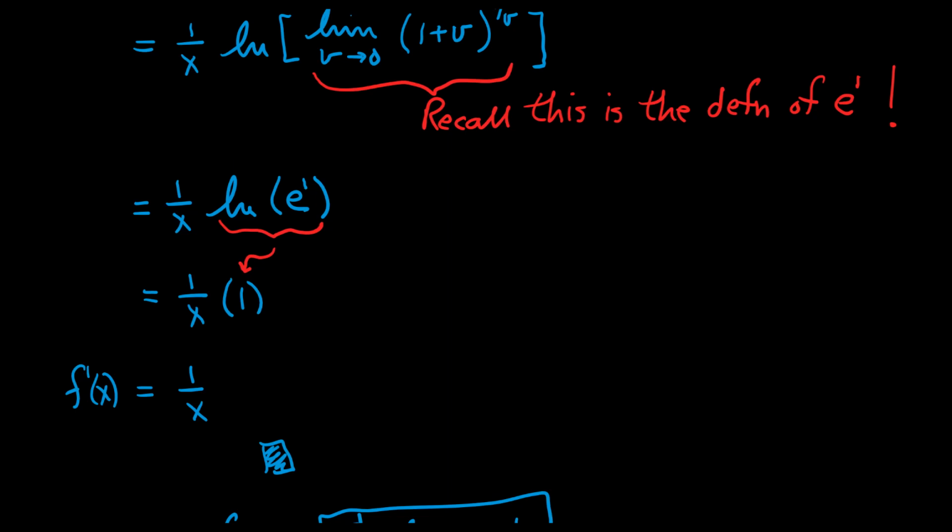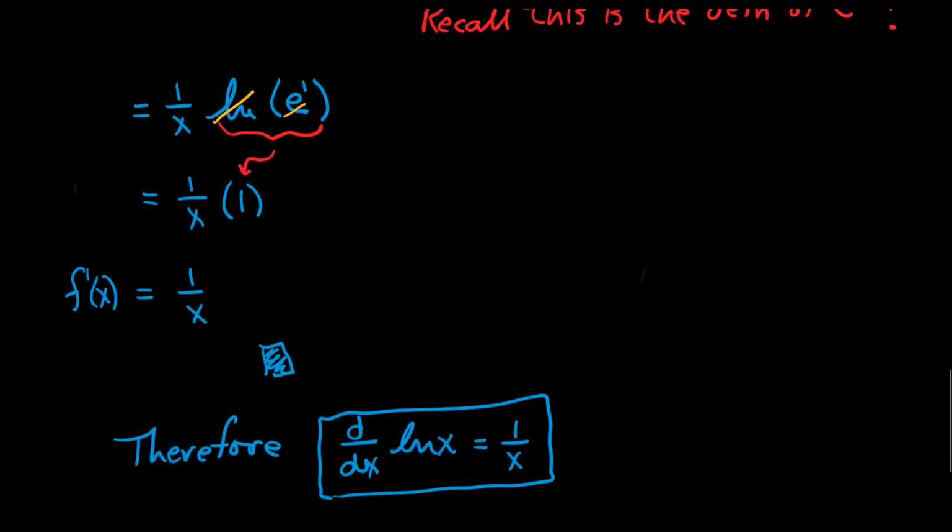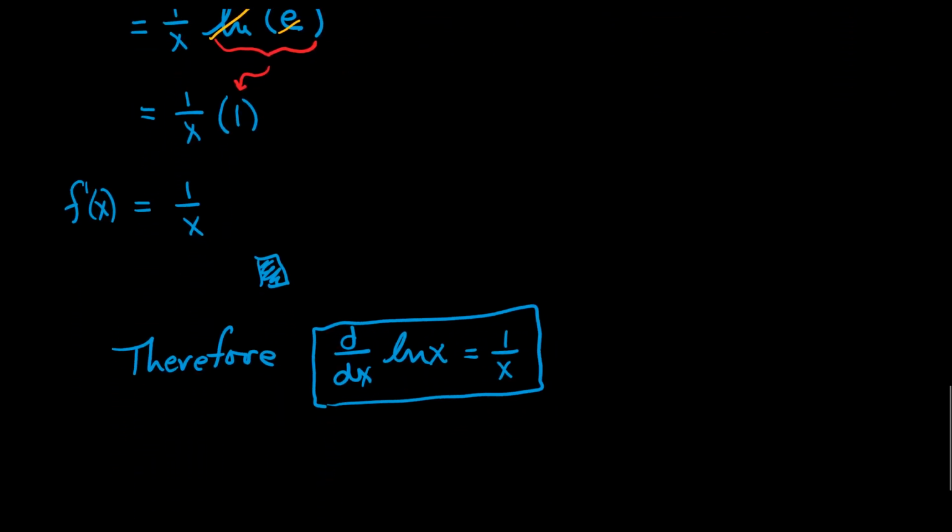Well, when we simplify that, remember the natural log and e are inverse functions. They cancel, and it leaves us with just the exponent of 1. So we have 1 over x times 1, which is 1 over x. This then gives us the derivative that we're after. The derivative of the natural log of x is equal to 1 over x.